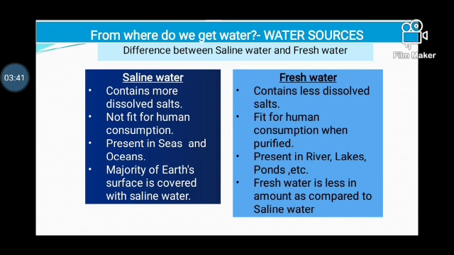Saline water contains more dissolved salts, is not fit for human consumption, and is present in seas and oceans. The majority of Earth's surface is covered with saline water. Fresh water contains less dissolved salts, is fit for human consumption when purified, and is present in rivers, lakes, ponds, etc. Fresh water is less in amount compared to saline water.